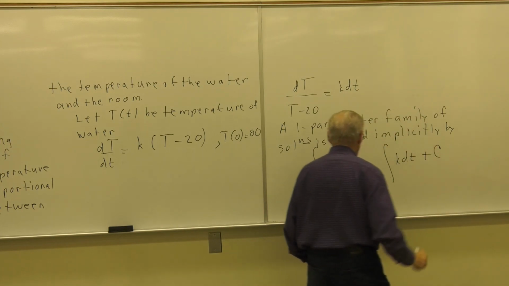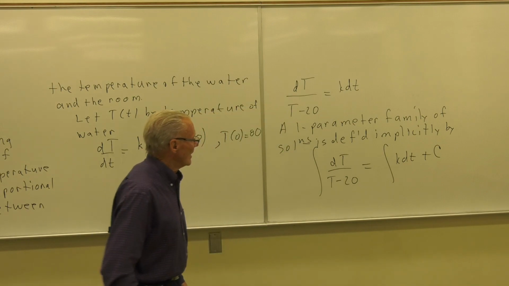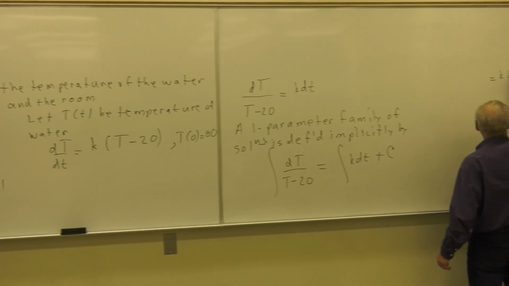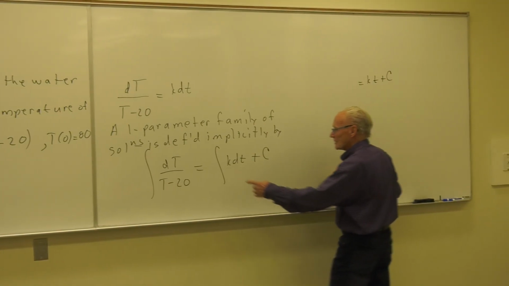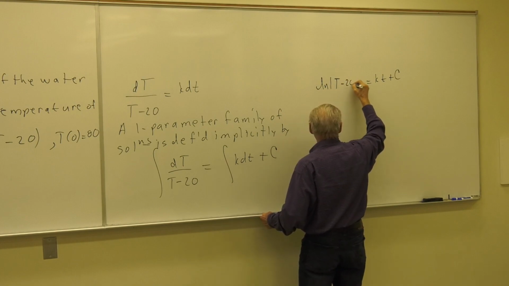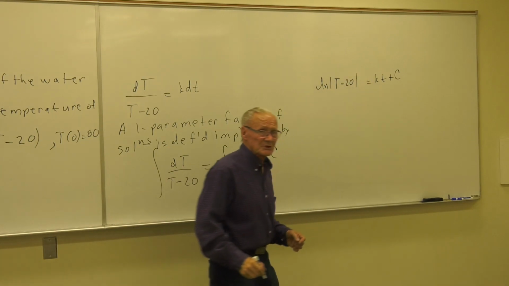Throw my constant in before I forget. Right hand side, easy: kt plus c. Left hand side, you should recognize the logarithm of the absolute value of T minus 20. So says first year calculus.